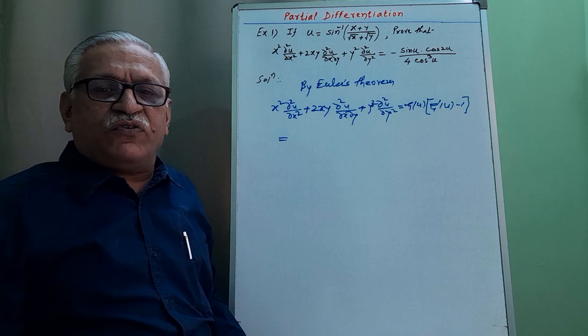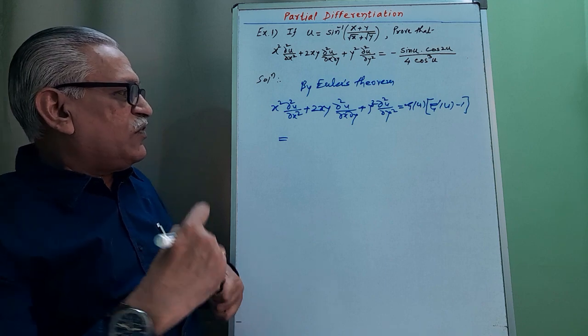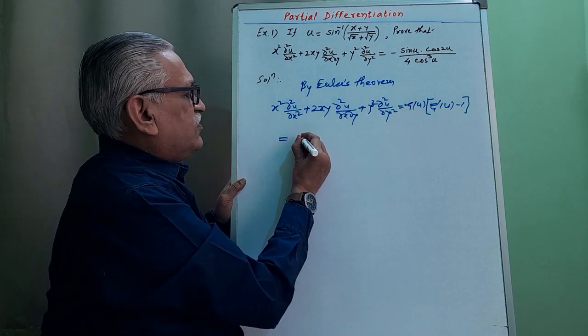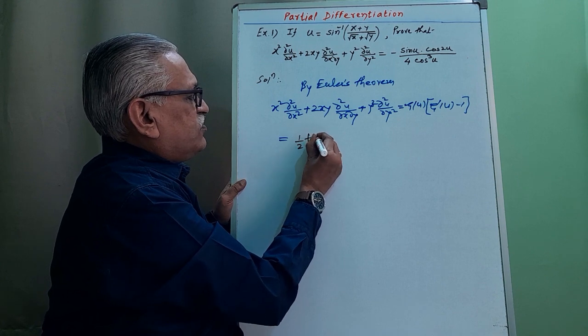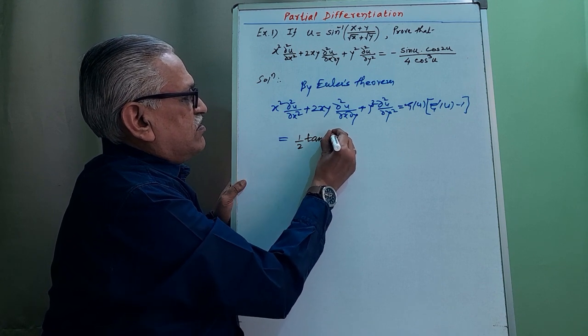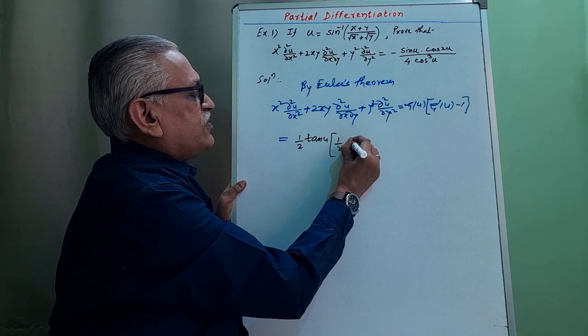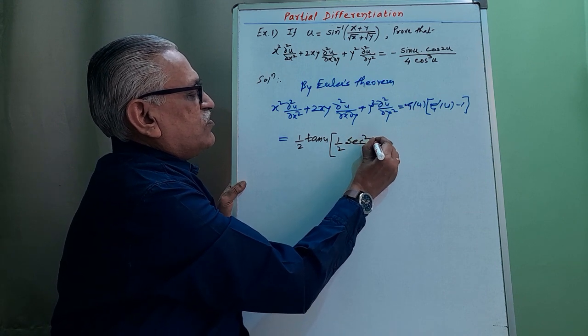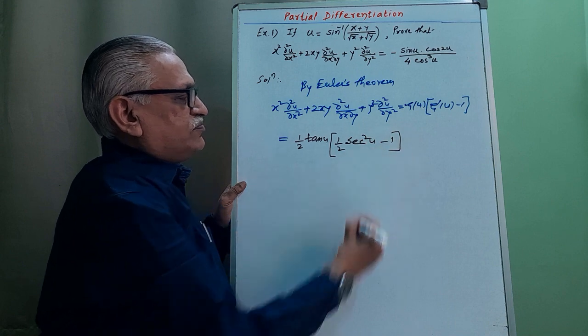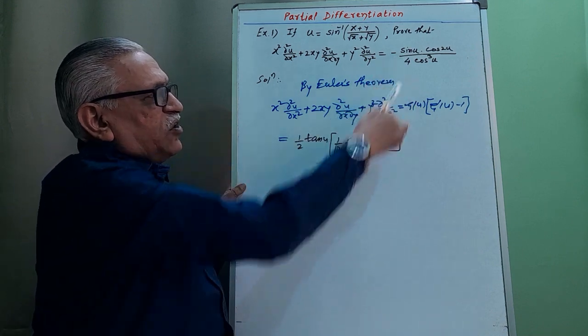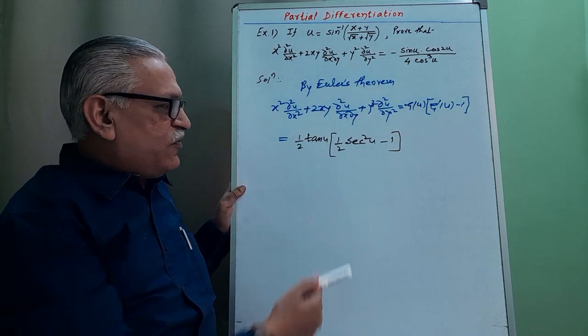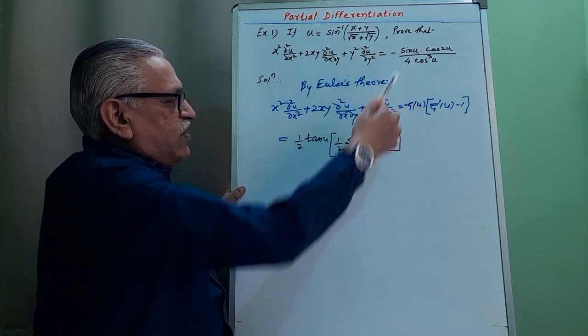Substituting the values of g of u and g dash of u, the value of g of u is 1 by 2 times tan u, and g dash of u is 1 by 2 times secant square u, minus 1. This is not the required result. Therefore, we have to convert this result to the required form.